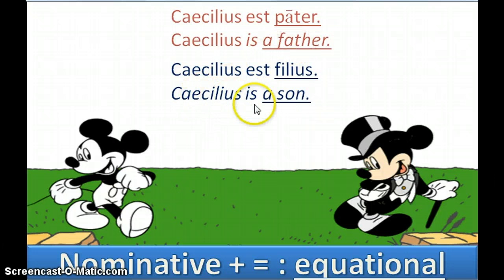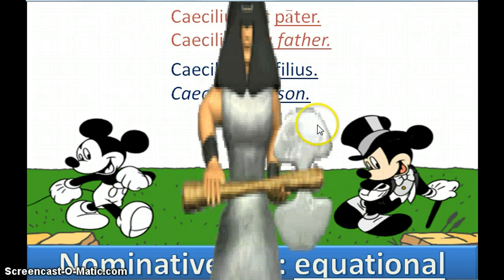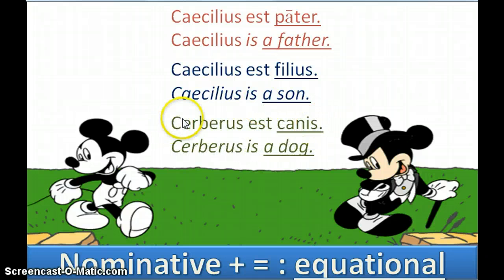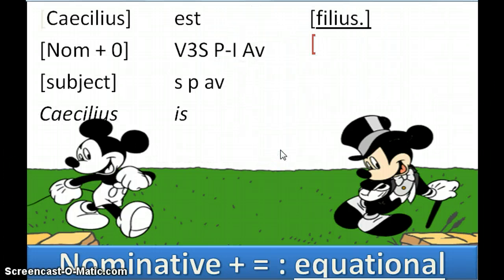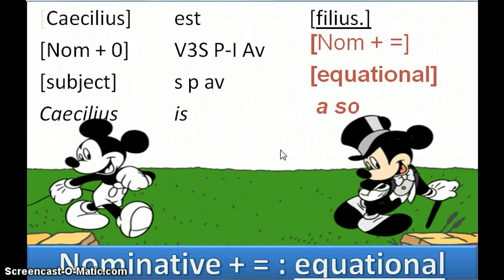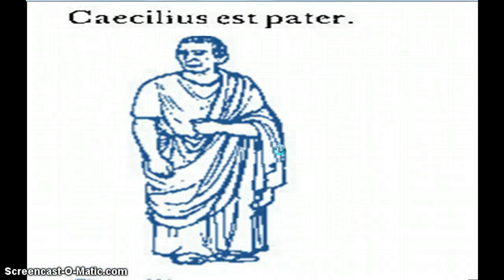Caecilius is a son. Cerberus is a dog. So you have that est verb. Both sides are nominative, just like in equational math. If it's got something on one side, it has to have something of the same value on the other. So that's why it's called an equational phrase. And there's your equational phrase.